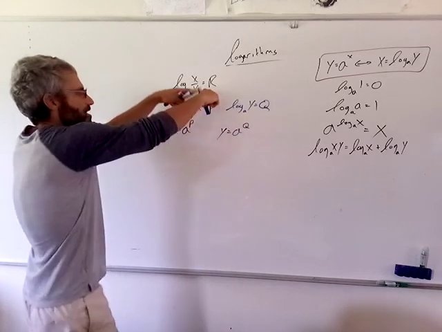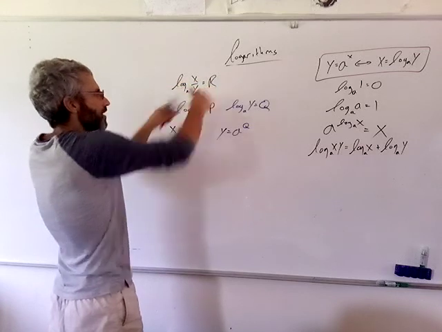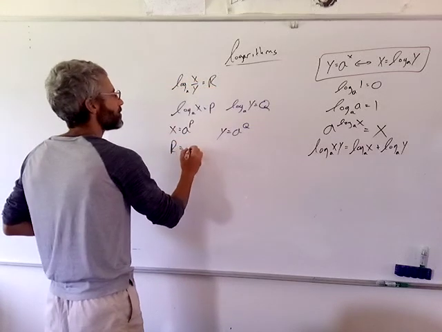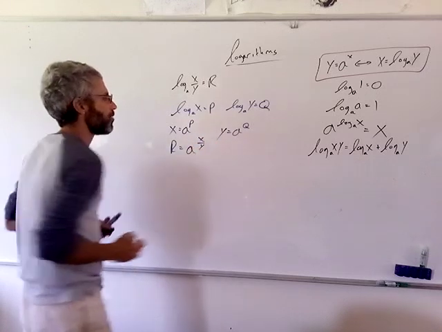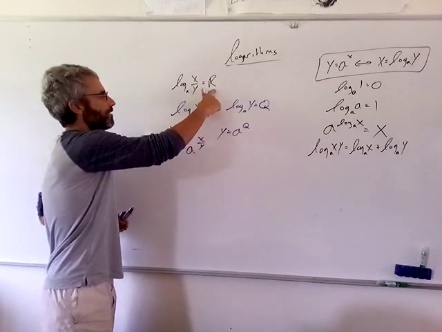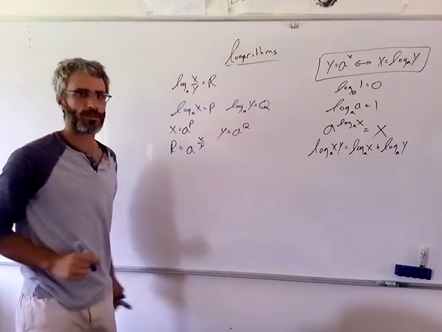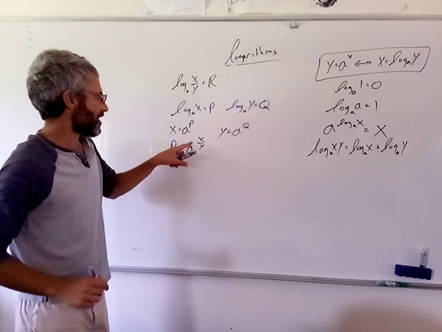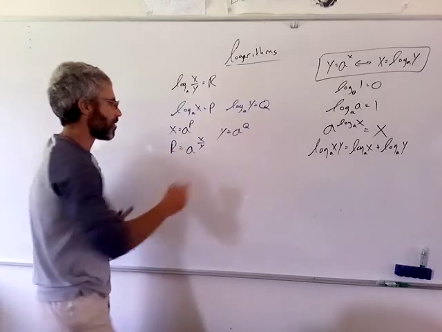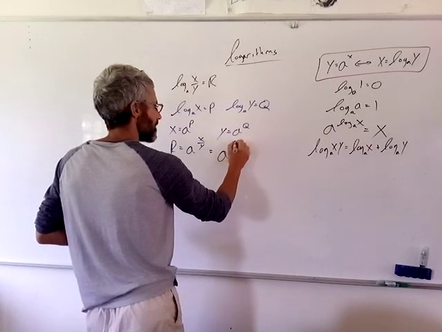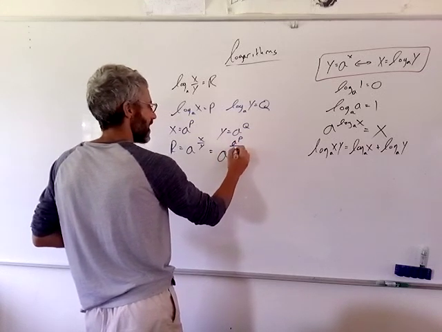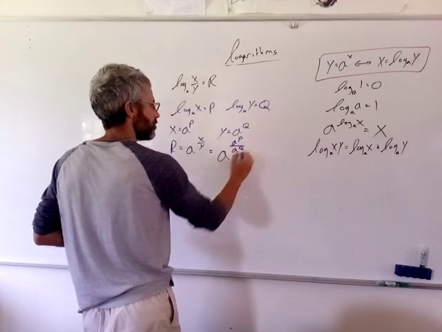And now we need to write something about r. r is going to be a to the power of x divided by y, right? But now we know what x and y are, so we're going to write down a to the power a^p divided by a to the power q.